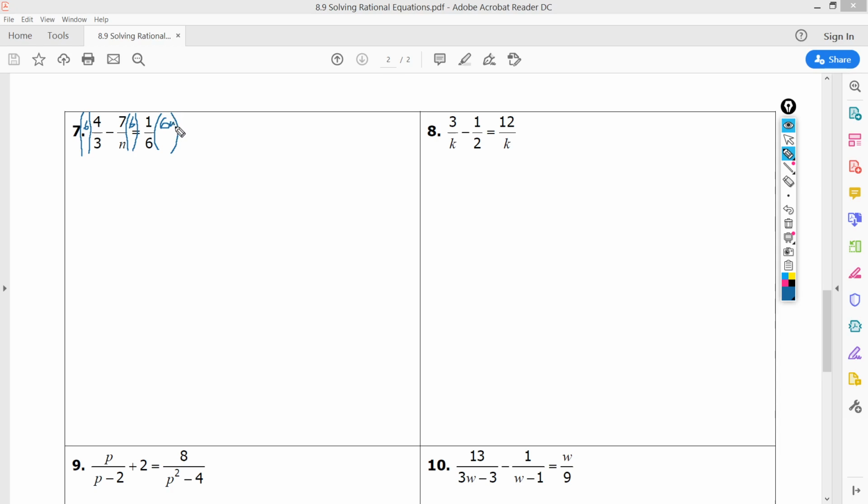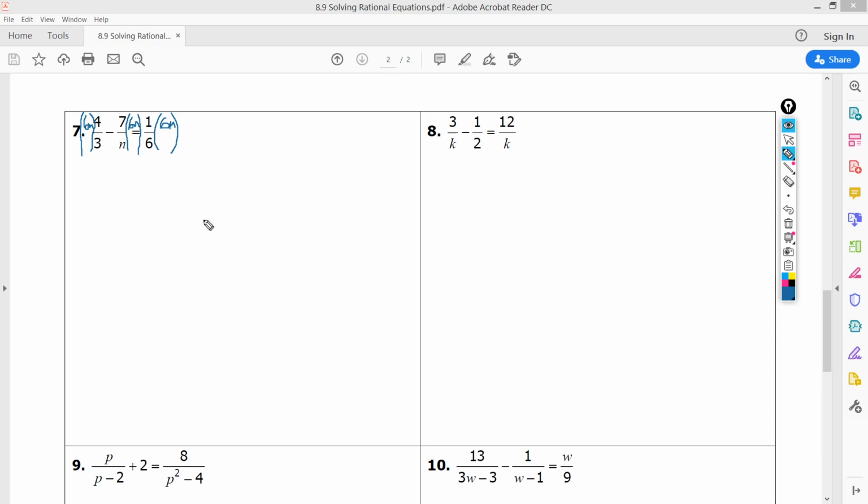I'll just write the n here, 6n. Let's get rid of some of these for more space. 6n, 6n.